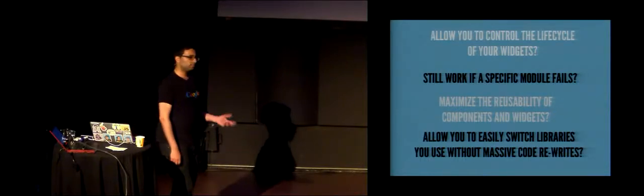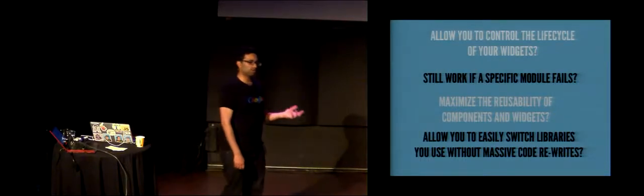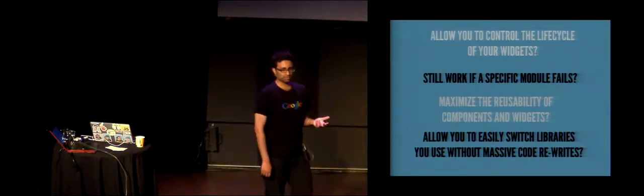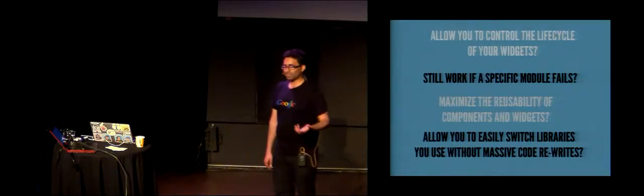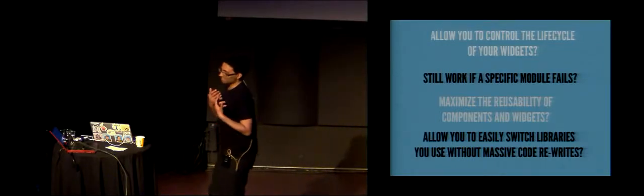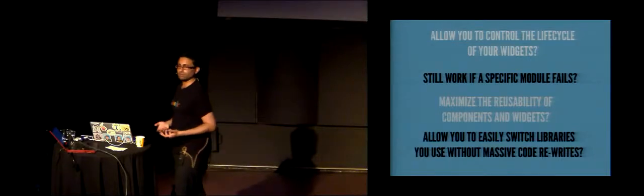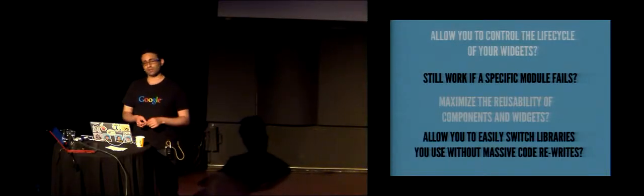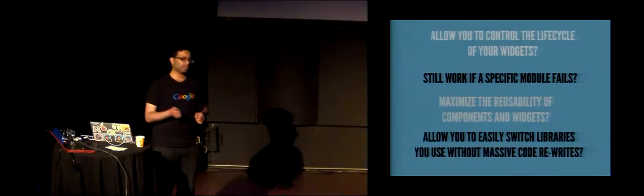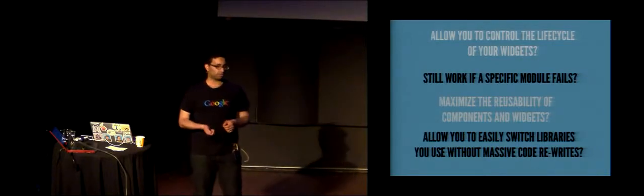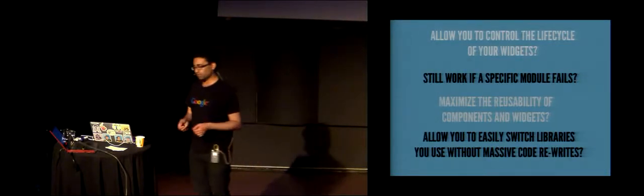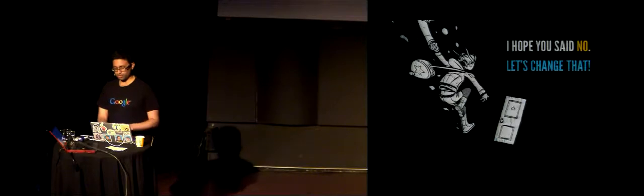What if we decide a year from now to change over and use something else? Technically speaking, it's a non-trivial amount of work in a lot of cases, unless you're working on a very small application. And having an architecture that already takes care of this for you or supports taking care of it can be useful. So I'm going to show you how to do all of these things.